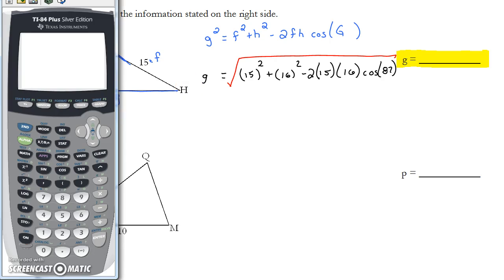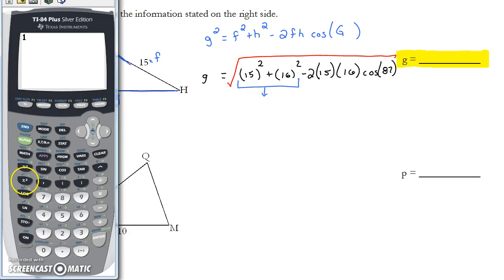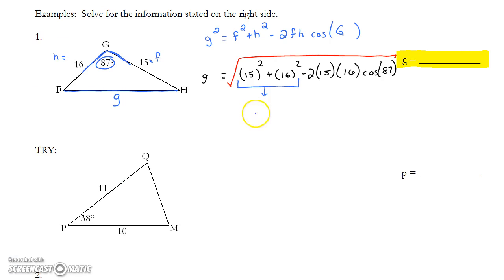Taking my calculator out, I can do this all in one step, or I can do it in as many steps as it takes. If I am doing this in one step, parentheses are incredibly important. I'm going to show you doing this in 3 steps. I think that tends to be a little less confusing. I'm going to start by simplifying my squares. 15 squared plus 16 squared gives me 481.